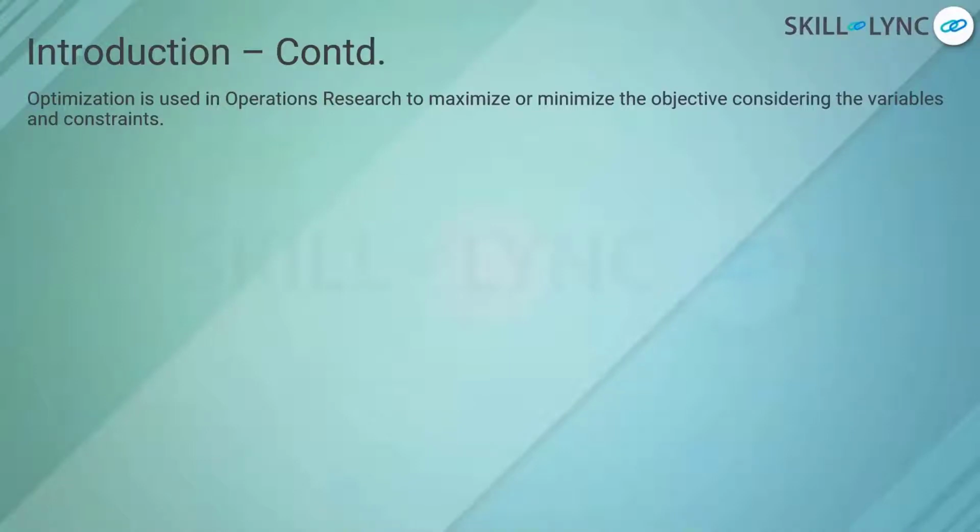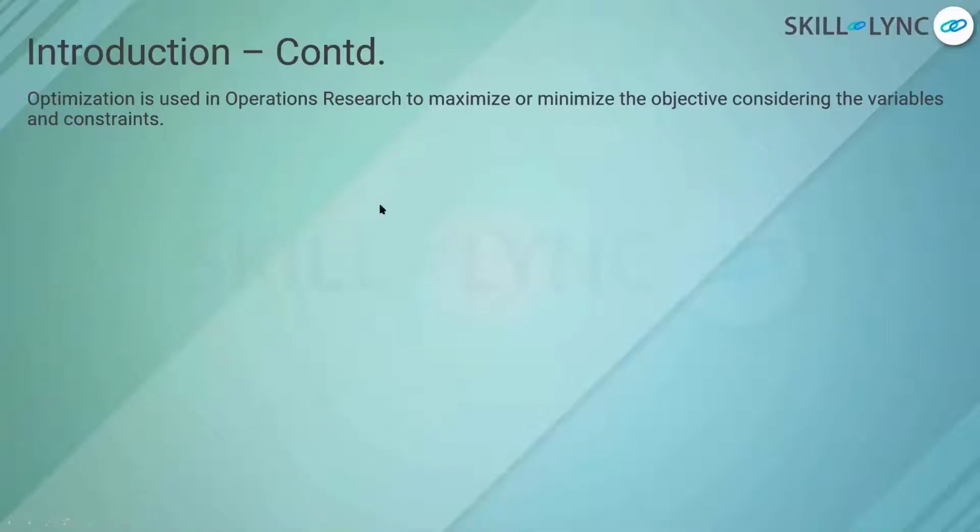So to give further introduction to what an optimization is and where in general the terminology, the mathematical technique, is used. So optimization is used in operations research to maximize or minimize an objective considering variables and constraints.